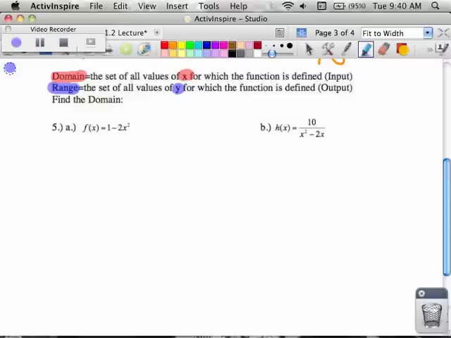And now I would like you to take your calculators out, type 5a into your y equals, and look at the picture.